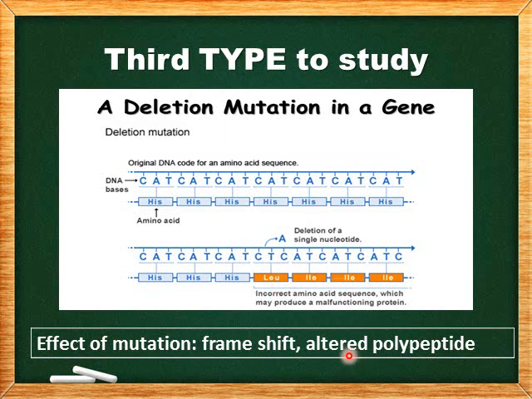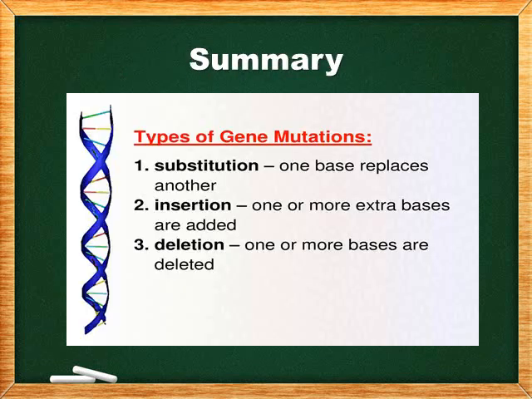But also as a result, we have an altered polypeptide. So the three types of mutations are by substitution, by insertion, and by deletion. These are the three that you have to study.